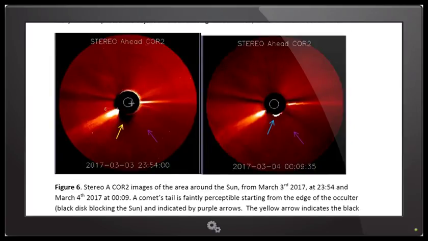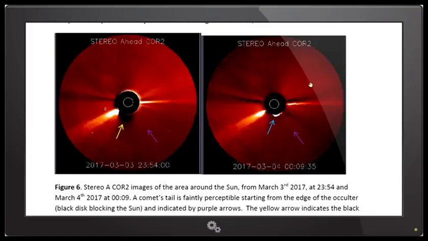Now, the little white circle that you see here in the middle of the occulter, that is the actual diameter and size of the sun, not the big black circle, the small white one in the middle. When this comet came in, it impacted way below where the white circle is. There was a huge interaction with the sun.